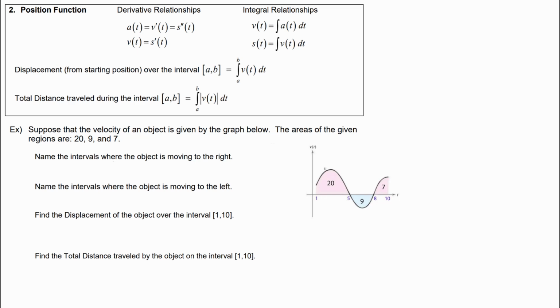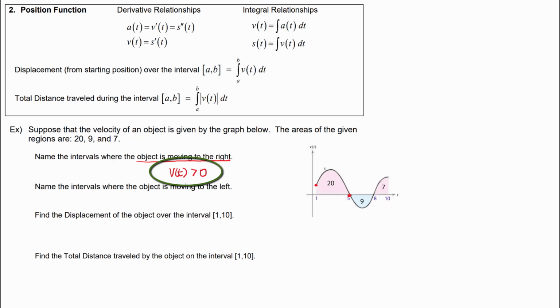Let's do an example here. Suppose that the velocity of an object is given by the graph below. The areas of the given regions are 20 above the x-axis, 9 below the x-axis, and 7 above the x-axis. Name the intervals where the object is moving to the right. The object is moving to the right when velocity is positive. You can see at t equal 1, v of t is positive, and at t equal 5, v of 5 is 0.